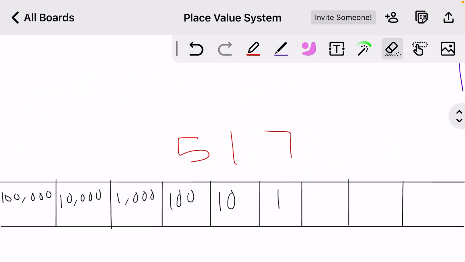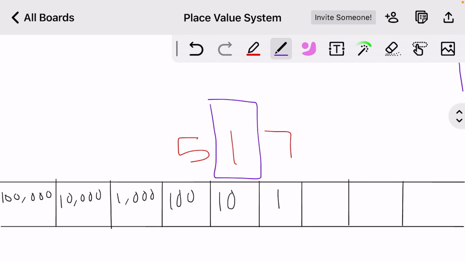Now, if we have something greater than 9, which there are an infinite amount of numbers bigger than 9, how do we go about representing them? Well, for any number greater than 9, we make a new place. We make a new place for those values greater than 9.